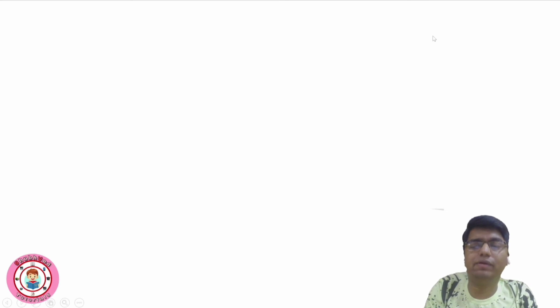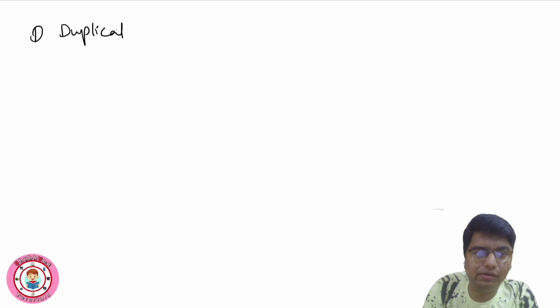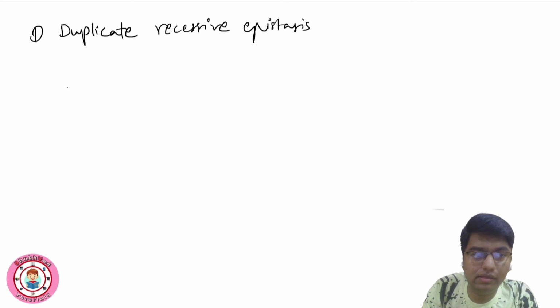So types of epistasis, there are basically five types. First is duplicate recessive epistasis. Second is duplicate dominant epistasis.